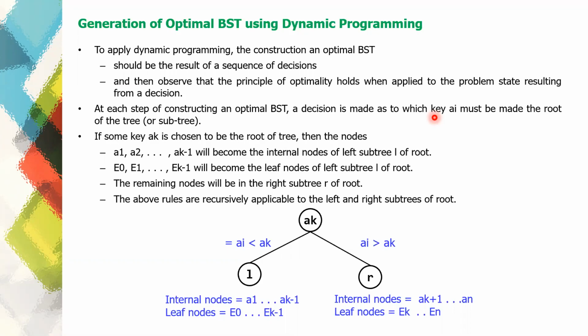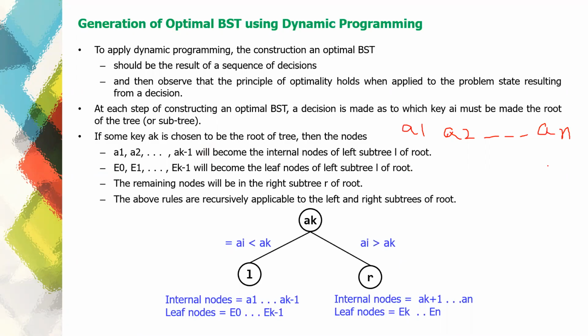A decision needs to be made among all the available keys, which key must be selected for making it the root. For example, I have a set of keys that are available, which are A1, A2, A3, and so on up to AN. These are the available keys, A1 to AN. Now, among all these available keys, which one of them should I select as the root of the tree?